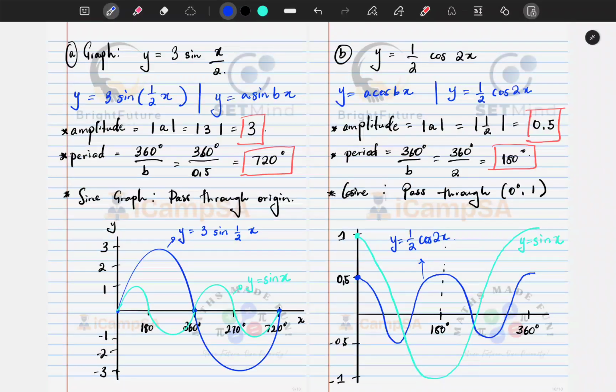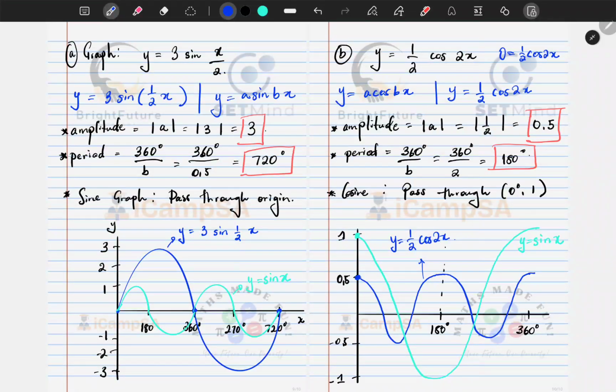Usually it's not really important to know the turning points, I mean, the x-intercepts and the y-intercepts, but you can always find them. For example, if you want your x-intercept, it means your y equals 0, so you have 0 equals 1 over 2 cos 2x.